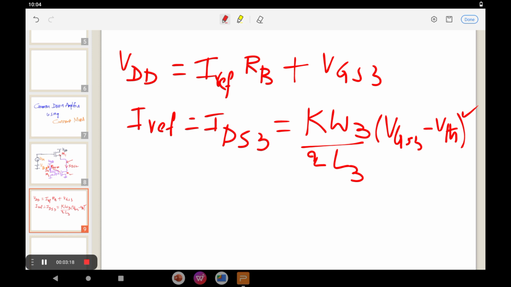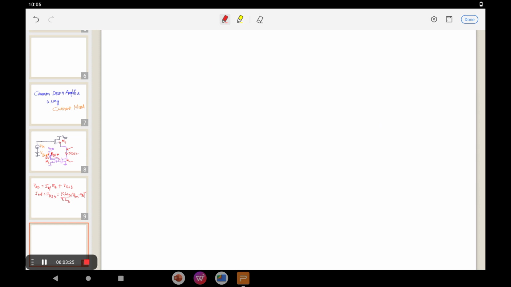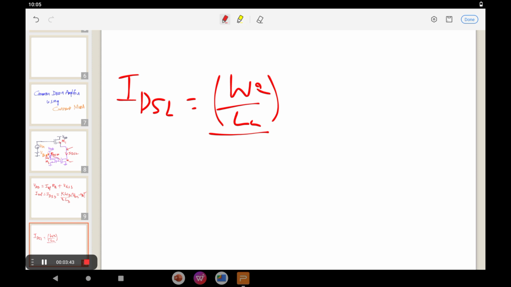At the same time, there are also some non-ideal characteristics. Represented in that form, IDS2 is W2 by L2, the dimensions of the second transistor, divided by the dimensions of the third transistor, W3 by L3, into the I reference value.